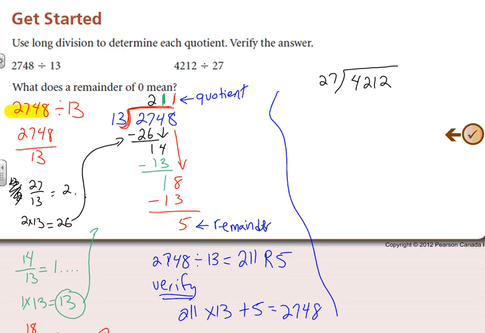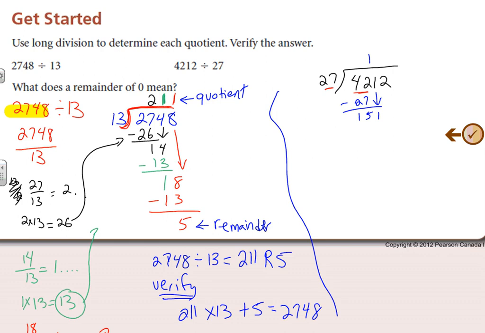Go through again. We're looking at 42 and the 27. So 42 divided by 27 gives us a 1. 1 times 27 is 27, and we subtract. That leaves us with 15. Bring down the 1.